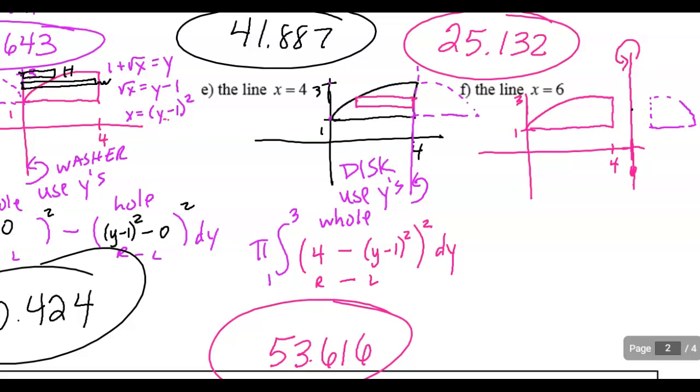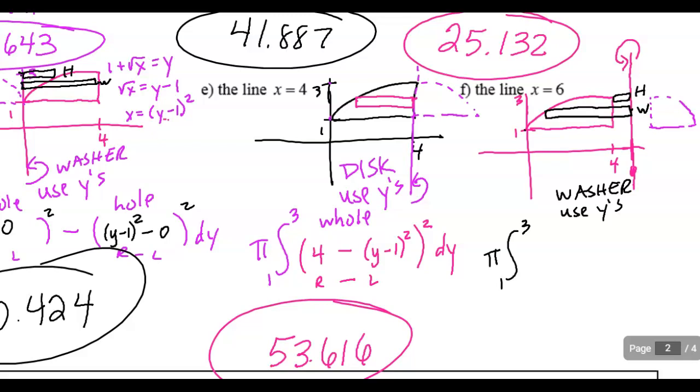So always go to your axis. So this is definitely going to be a washer. We're spinning around something parallel to the y-axis, so we want to use y's. So my hole, it always goes to the axis of rotation. That's my hole, minus the part that's missing. Okay? So pi, we're still going from 1 to 3 because they're y limits.